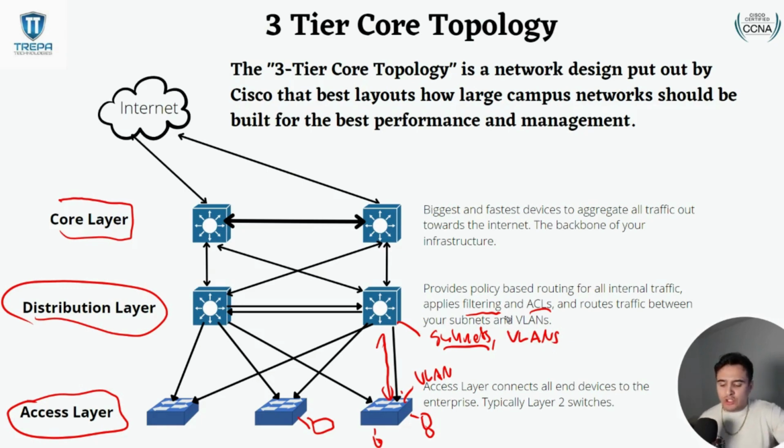So at this distribution layer, you're going to see a lot of SVIs created, switch virtual interfaces, as the layer 3 default gateway for all the VLANs we have in our access layer here. And then also typically, you're going to see a lot of your server farms for your internal domain network resources be connected off the distribution layer, right? Because these distribution layer switches are generally going to be those big chassis switches.